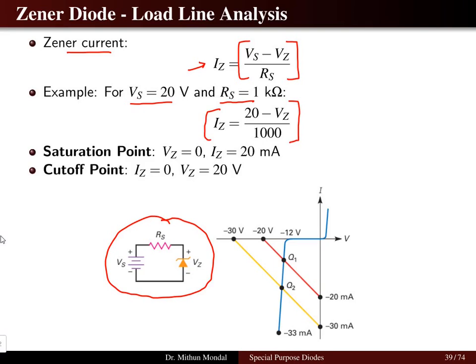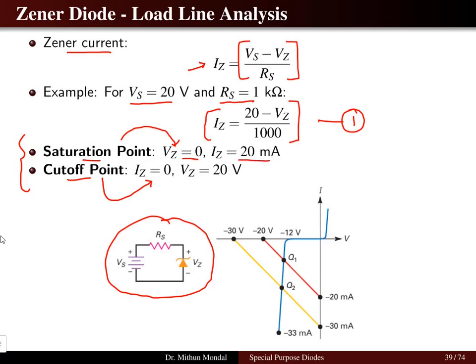Now there are two important points that we have to take. One is the saturation point and another is the cutoff point. Saturation point is the point where the Zener voltage will be 0 and cutoff point is the point where the Zener current will be 0. So in this equation, we want to find the saturation point: when Vz is 0, the Zener current will be 20 milliampere.